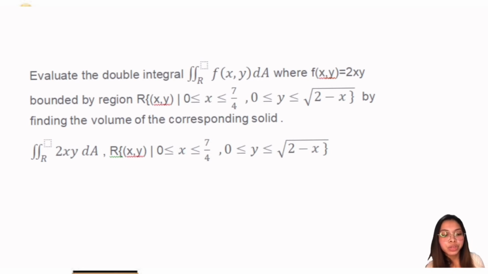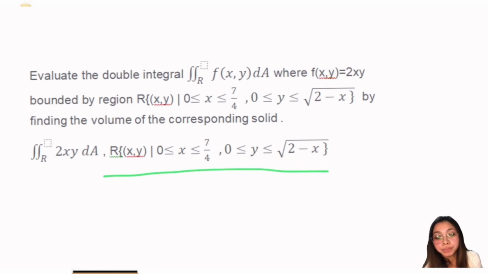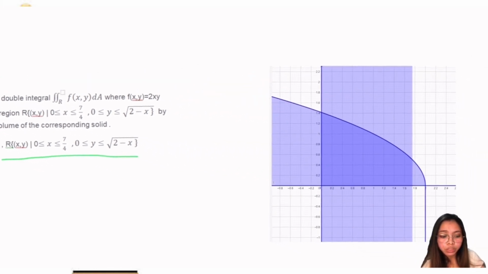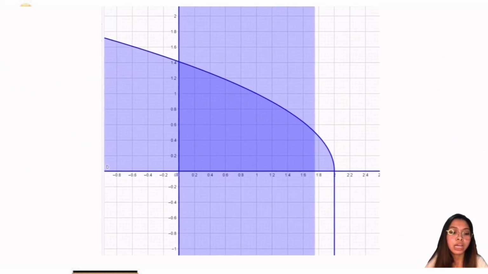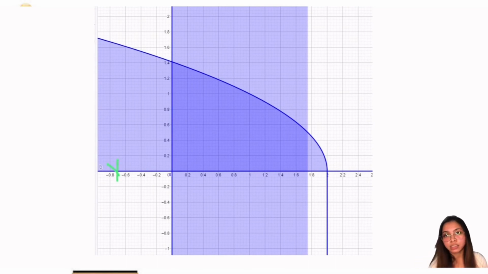So here the region is all the ordered pairs on the xy plane that satisfy the following conditions. If we draw the region, it will look like this.